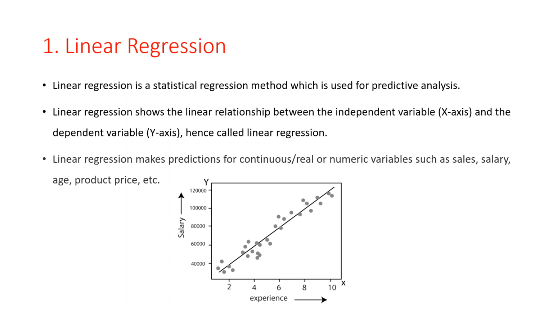Hence it is called linear regression. Linear regression makes predictions for continuous, real, or numeric variables such as sales, salary, age, product price, etc. The relationship in linear regression models can be explained using this image.